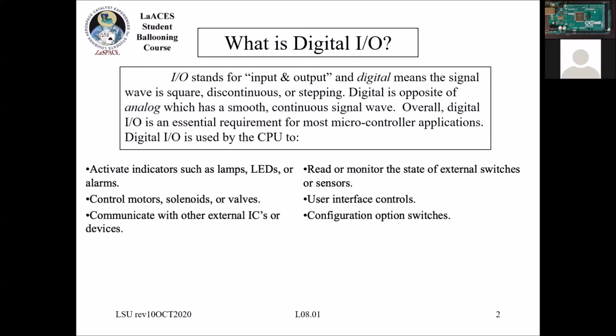And most modern electronics use digital I/O, especially the microcontroller, because to do any sort of computational operations on it, you need it to be digital, because all of our modern computing infrastructure is digital.